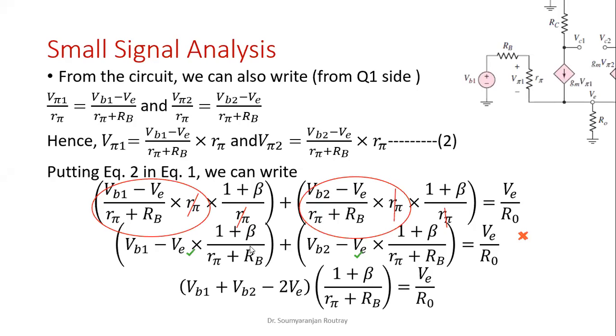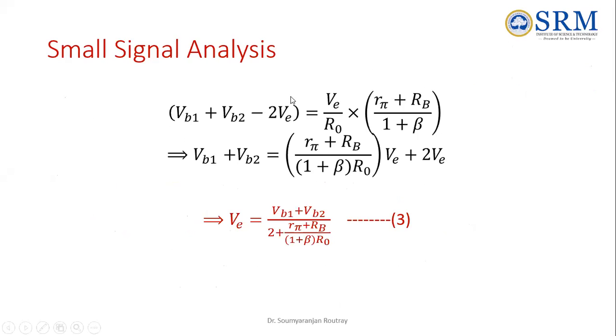Now take 1 plus beta over R pi plus RB common, since it is here and here. If you solve VB1 plus VB2 minus 2 VE, this will come, and this is not a big thing. And the right hand side is VE by R naught. Now I cleaned the left hand side and right hand side.